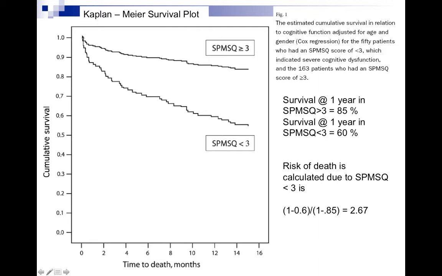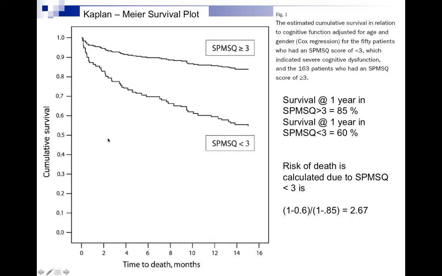The patients on the top line here passed and qualify as not having delirium, and the patients on the bottom line have delirium. What we're counting here is mortality at 2, 4, up to 16 months.